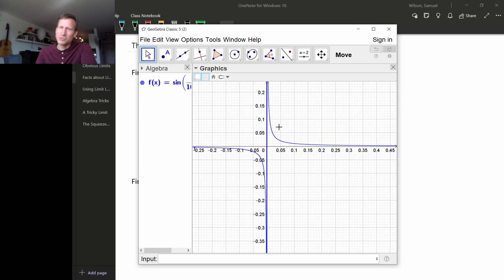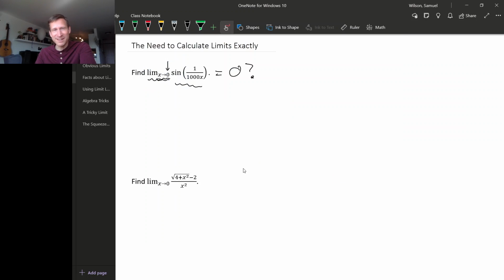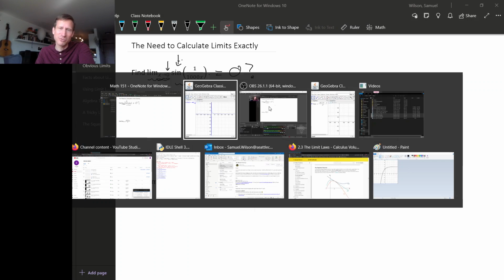There's some sort of wiggle up and down, right? It looks like to the left it goes down and to the right it goes up. So it looks like maybe this limit doesn't exist because from the right it's infinity and from the left it's minus infinity. But wait, that can't be right either because this function has a sine in it, and so it should top out at 1, and the smallest it should ever get is minus 1.